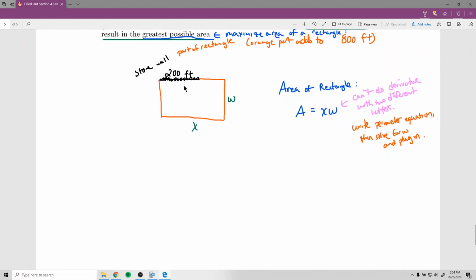Well, the perimeter is just the total length on the outside, so the perimeter is all the sides added up.